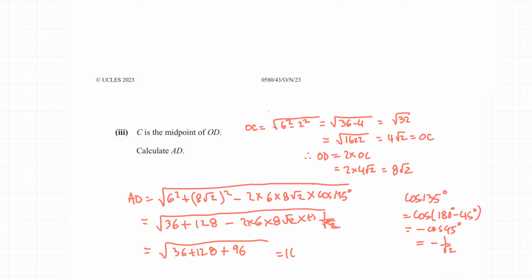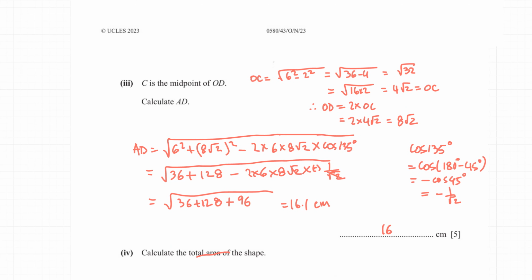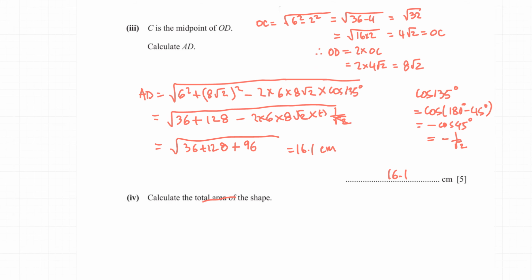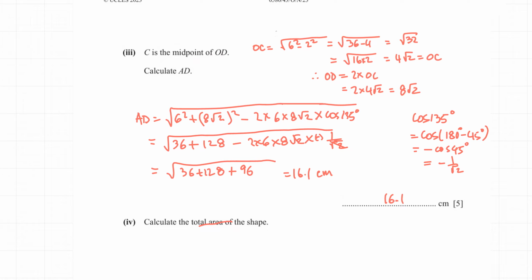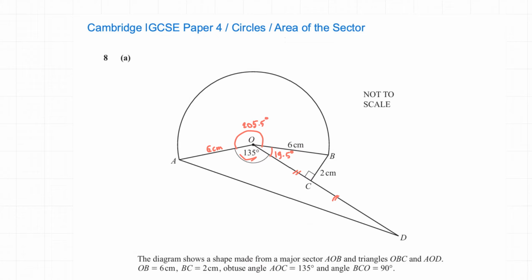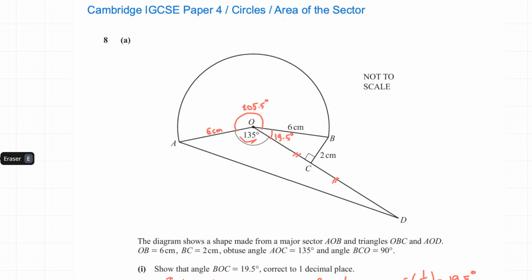So that is equal to 16.1 centimeters. So the answer here is 16.1. So now we need to find the total area of the shape. We already know the area of the major sector, and we need to find the area of these two triangles.